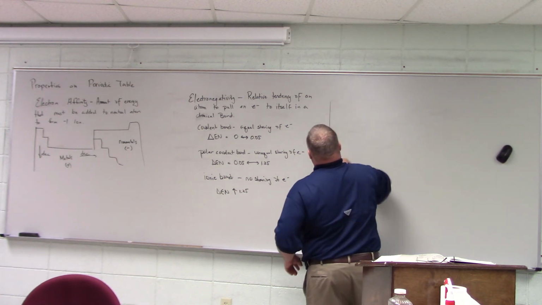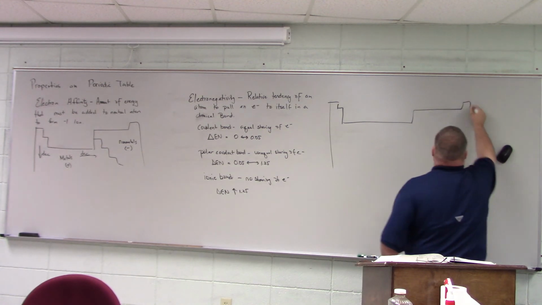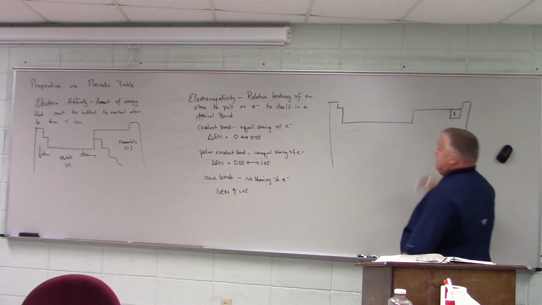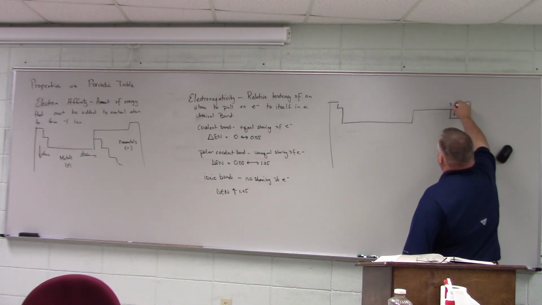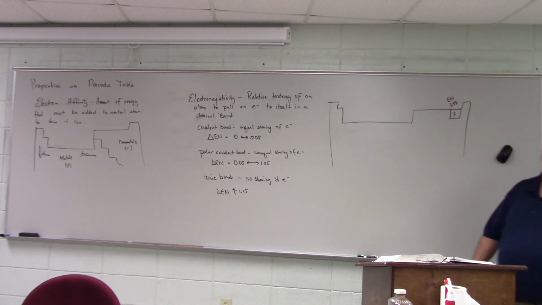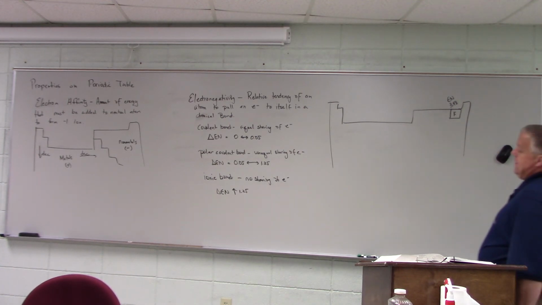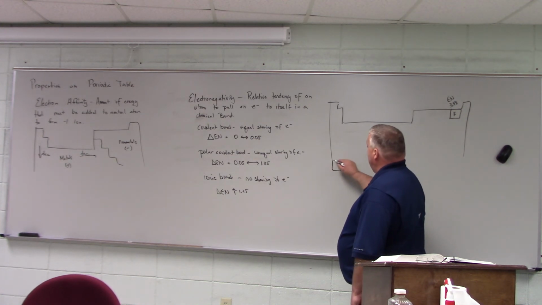Okay, so we got our generic periodic table again. Okay? Here, this element here is fluorine. It has an electronegativity of 3.98, as determined by Pauling, on the Pauling scale. Okay? We've got 3.98 here. We have down here with francium 0.7.